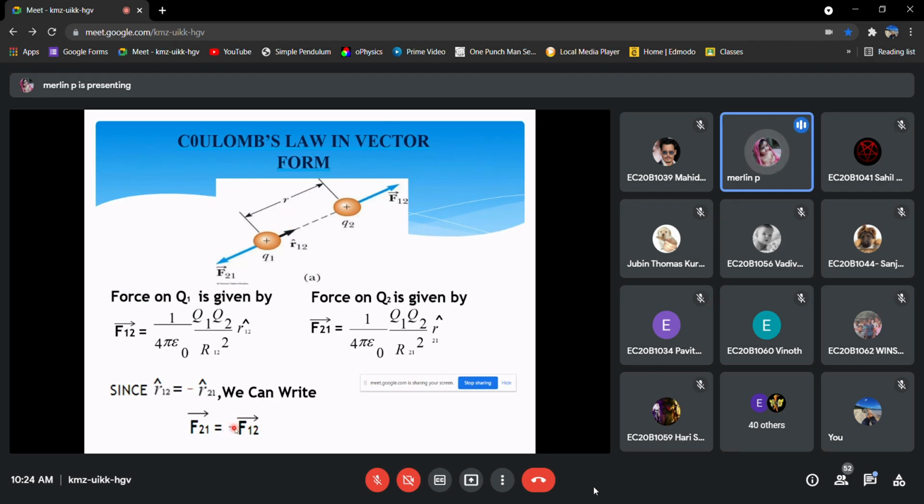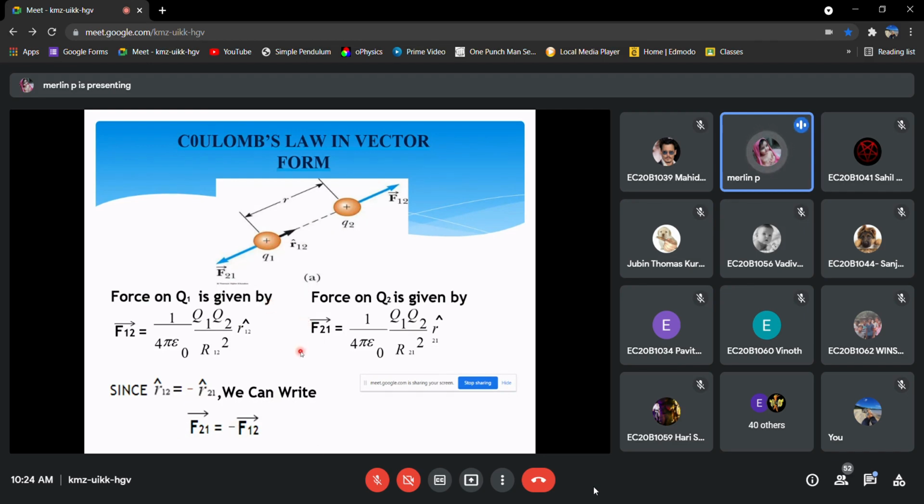Why are we getting minus? Since the direction is opposite in vector form, we get minus. But the force is similar, so we are only equalizing: F21 is equal to F12. The magnitude of the force is the same, but the direction is different, so we are putting minus here.